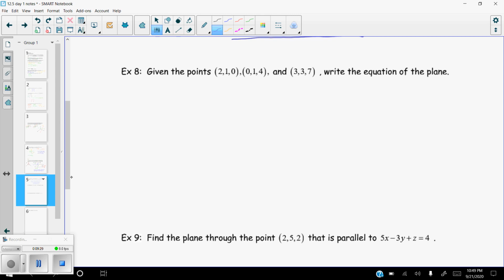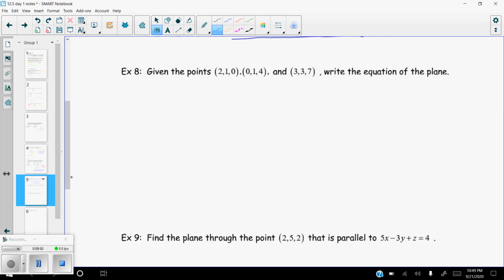There are multiple ways to do it, but in this case, let's just go ahead and start by figuring this thing out. So I've got 3 non-collinear points, or at least I assume that they are. That means what we need to do is find vectors between these points.